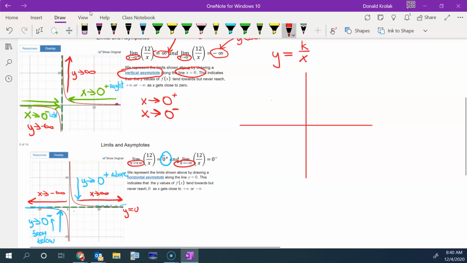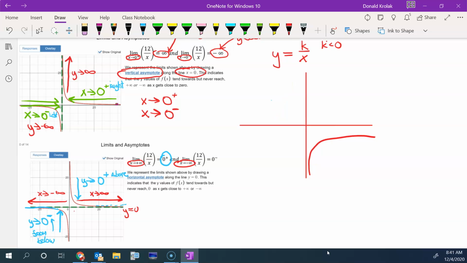Now, if we know that this number is positive, the graph is going to be in the first and the third quadrants. If k is negative, then the graphs are going to be in the second and the fourth.